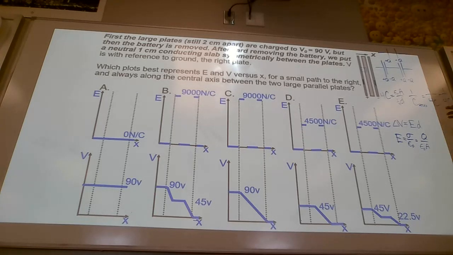So when we add those together, the charge stays the same.